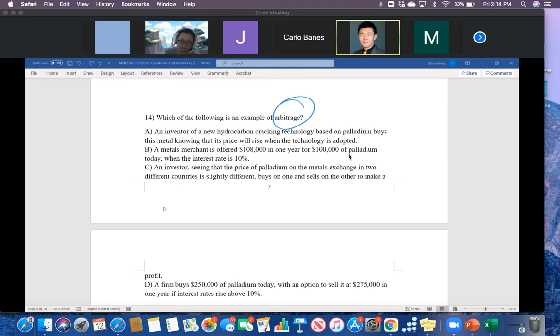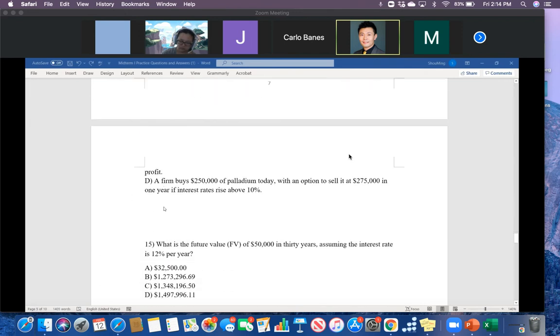Simply buy these goods or services at the low price and sell them at the high price. Then the price difference is your profit, right? So you check A, B, C, D, and you can find the correct answer is C. Okay, it's a definition check, so there's not too much you need to mention related to this.